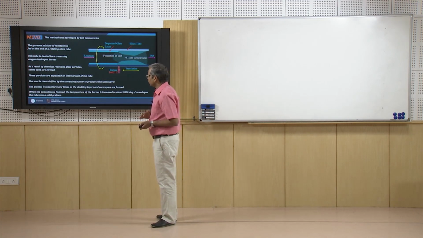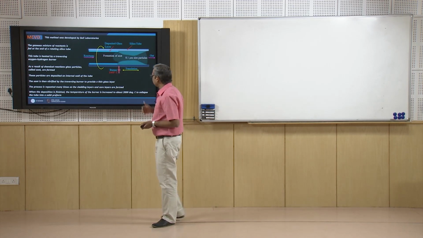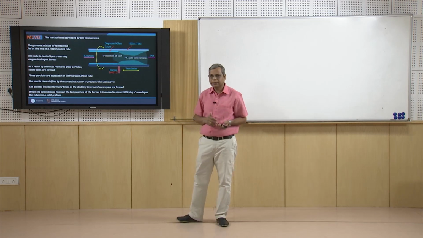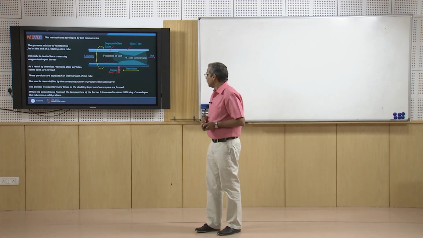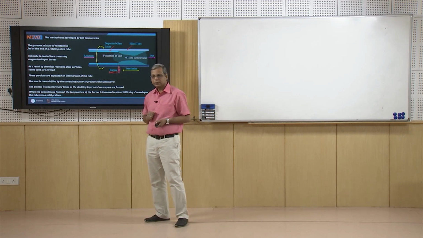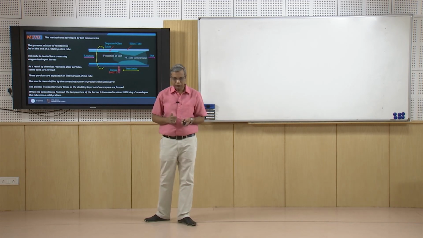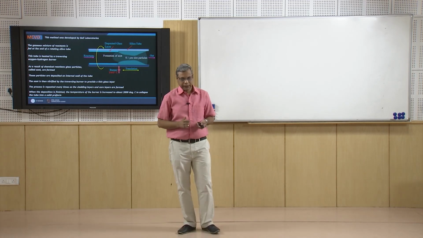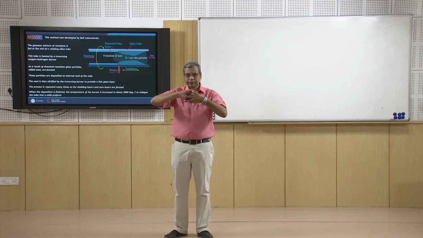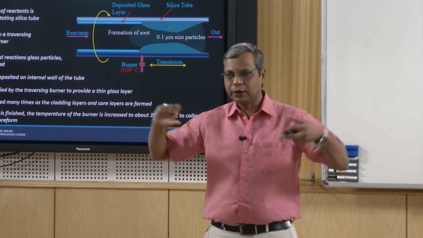When the deposition is finished, you increase the temperature of the burner to about 2000 degrees centigrade and collapse the tube into a solid preform. When you increase the temperature to such a high value, this tube is collapsed, and from a hollow tube you get a solid rod.